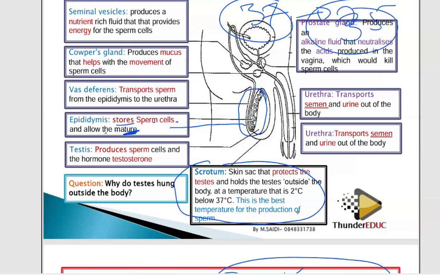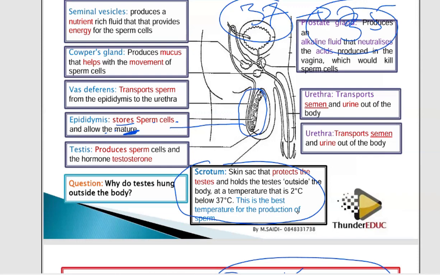So when it is too cold, what happens? The temperature outside is lower than 35, very low. So what do the testes do? The scrotum contracts so that it pushes the testes up, so that the testes can obtain some heat from the body. And then the sperms are being produced.